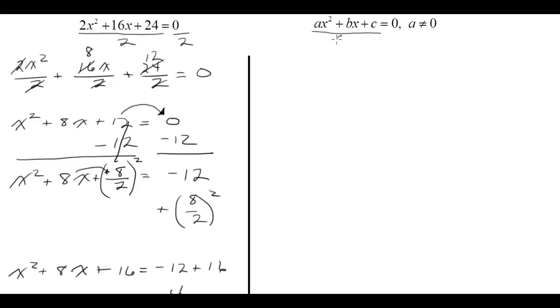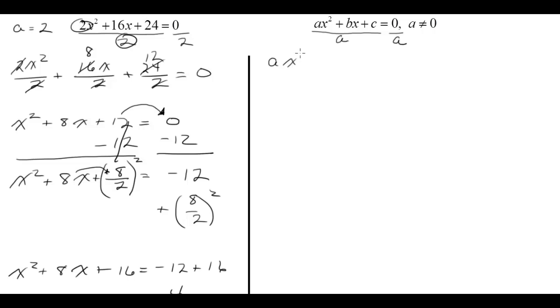Just to guarantee that the leading coefficient is 1, I'm going to divide everything by a on the left. Well, if I divide everything on the left by a, I've got to divide everything on the right by a. Now, in our example over here, a is equal to 2. 2 divided by 2. No big deal. All right, just as I did over here, I have to do a little bit of arithmetic to clean this up.